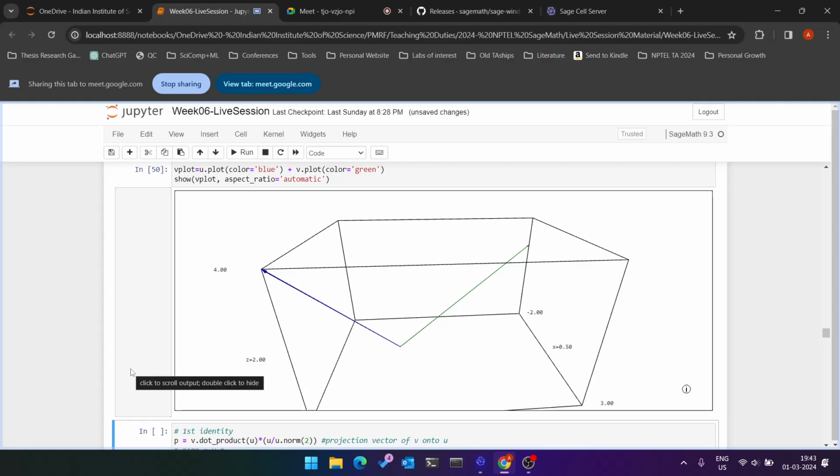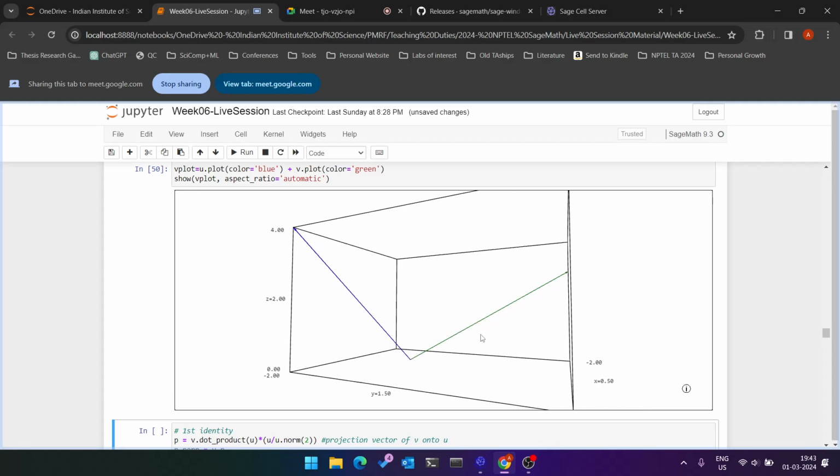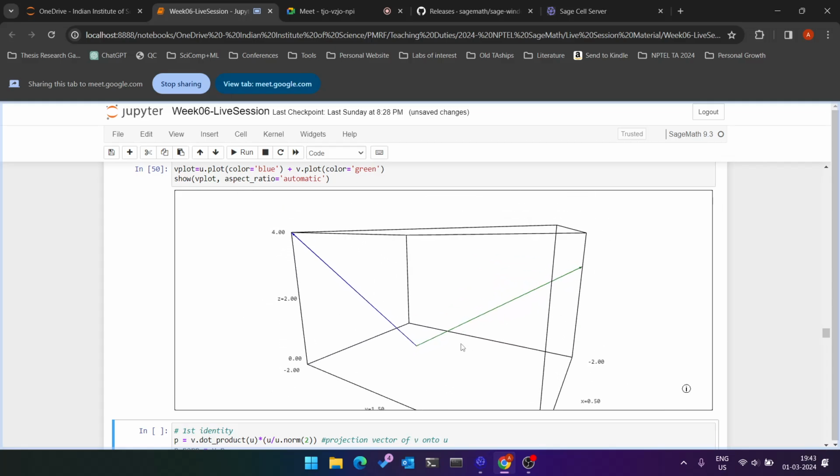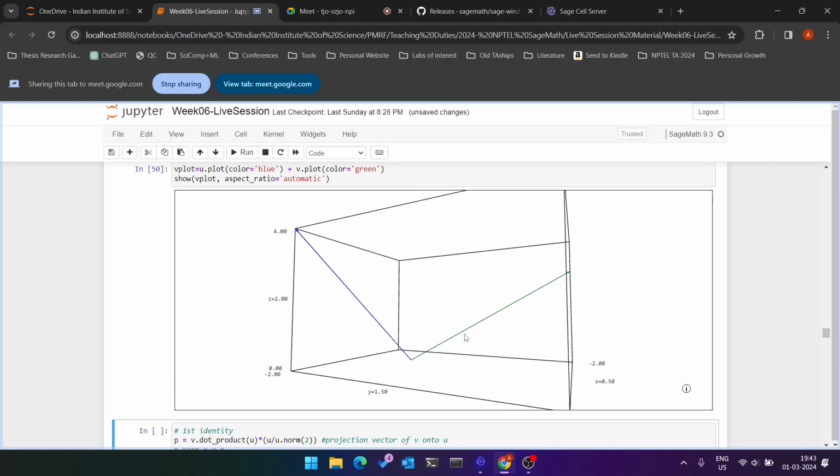Now we want to see the projection of vector v, which is green, along vector u, which is blue. You can see that from an eye test, it seems like the angle between these two might be greater than 90 degrees, which means the projection of v might come on the opposite side of vector u.